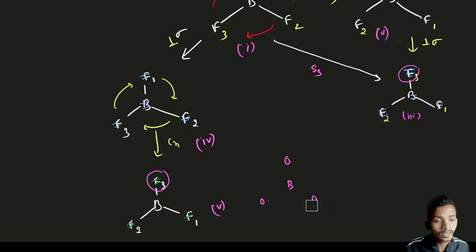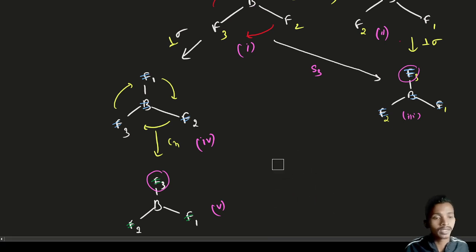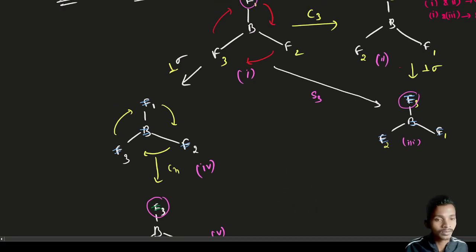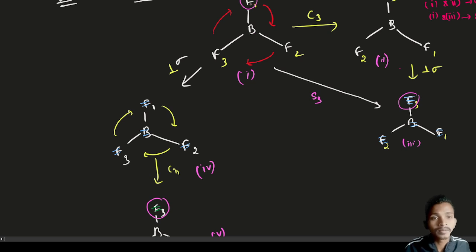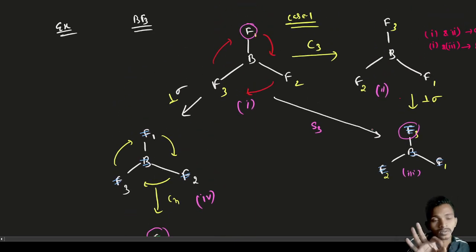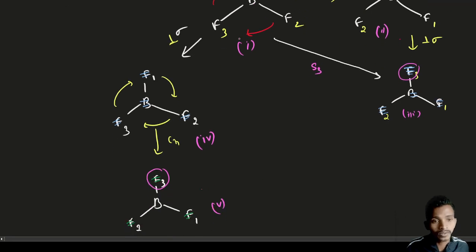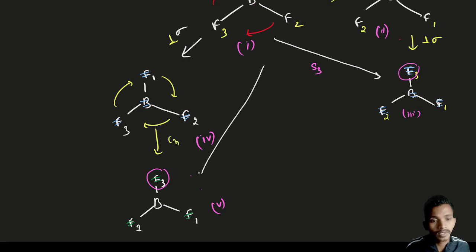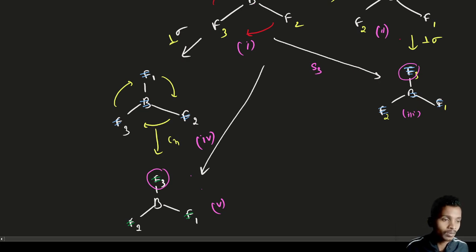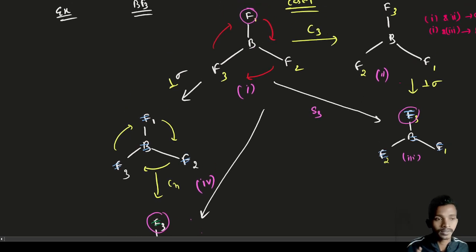As we already discussed, in the space where F1 is present, the same F1 is there. We are just putting F1 and F3 to distinguish, although all F are the same. So in place of F, F has come. So these are equivalent orientations, as we already discussed.